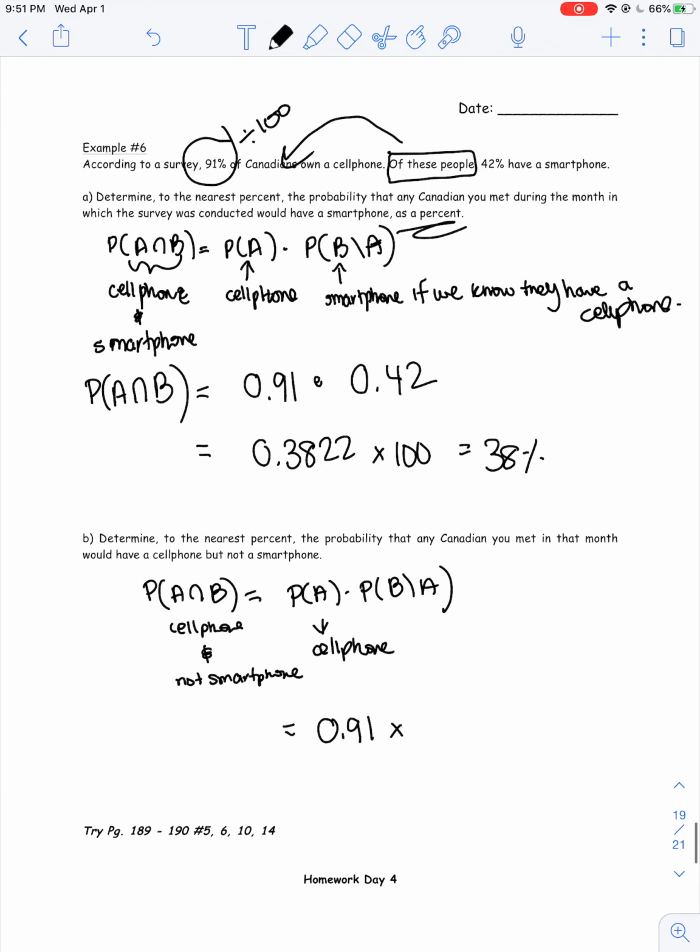But we want to figure out how many of these people do not have a smartphone. So what we're going to do is go back here. Remember, we had 42% of them had smartphones from the cell phone users. So we're going to have to go 100 minus 42, and that's going to give us 58%. So we know that there's 0.58 as probability of people that do not have a smartphone. So these are the people that don't own a smartphone, but it is a cell phone still.